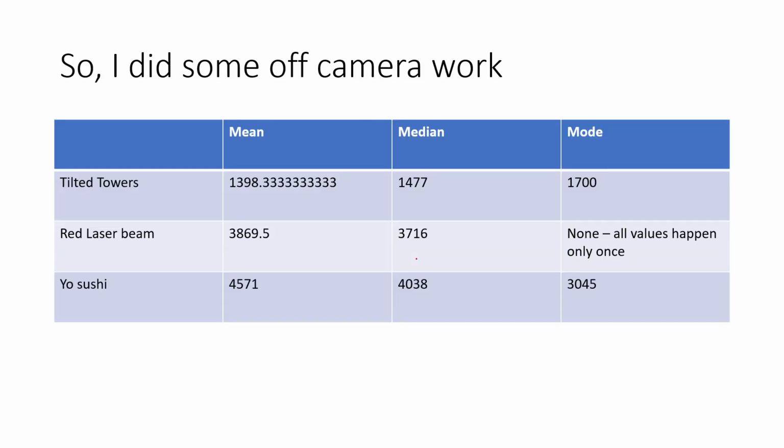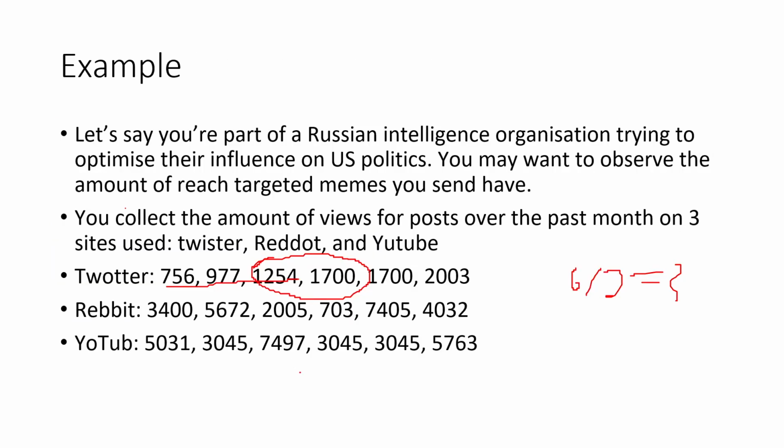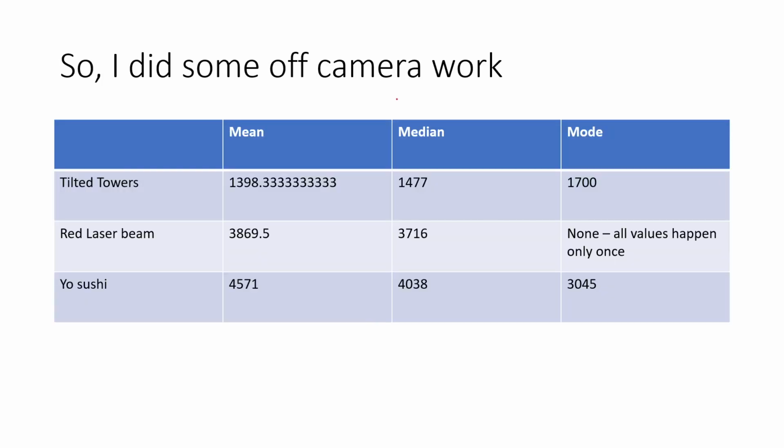And for YouTube, we had the mean being 4500, the median being 4000, and the mode was 3045. That's because, as you can see here, 3000 happened 3 times, so it's the most common value, the mode.